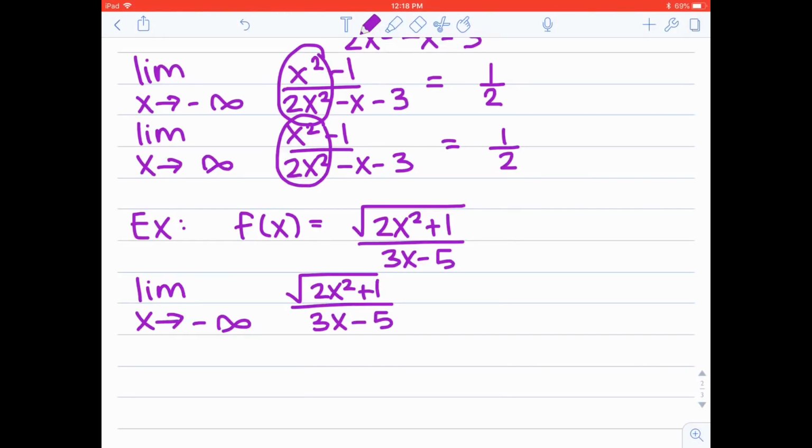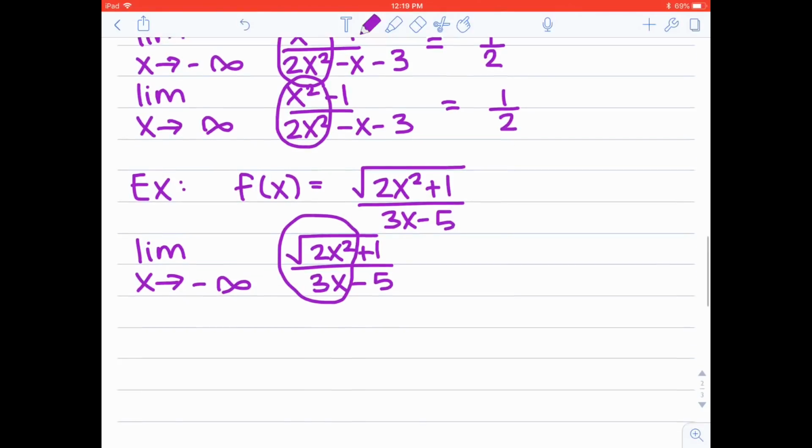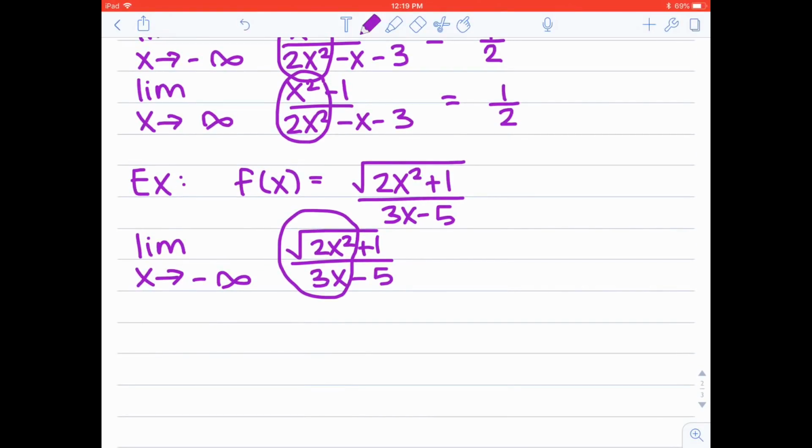So again, we're going to be looking at what wins on the top and the bottom. This is where things start to feel a little bit weird, so I'm just going to write some things underneath so you can see it really well. I'm going to look at the top as the square root of 2 multiplied by the square root of x squared, and on the bottom, I'm just going to leave that as 3 times x.